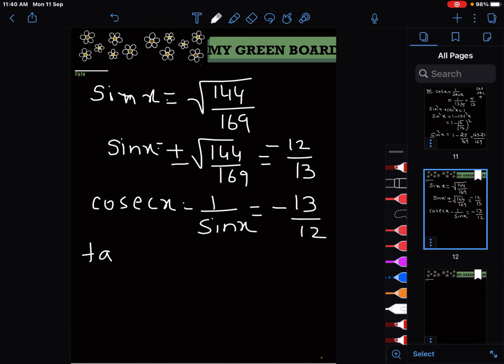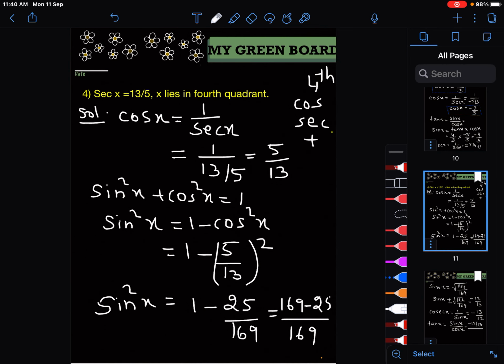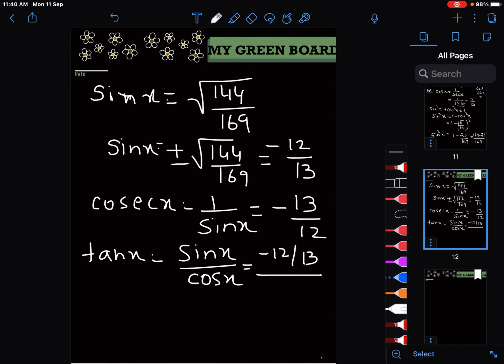Now tan x value we need to find, sin x by cos x, equal to minus 12 by 13 divided by cos x value 5 by 13. 13 gets cancelled, so it is minus 12 by 5.